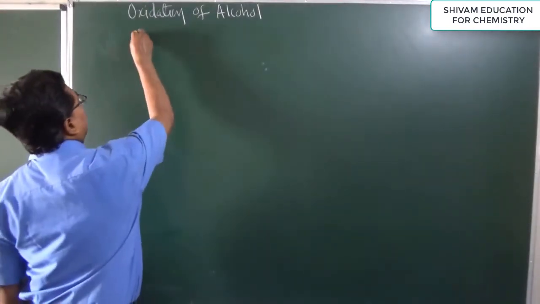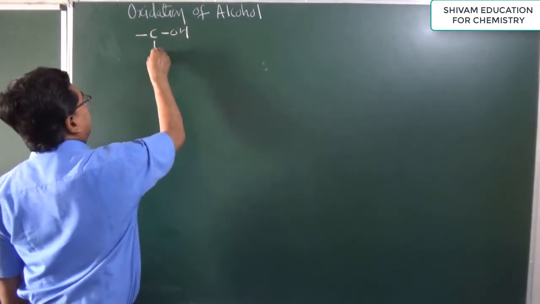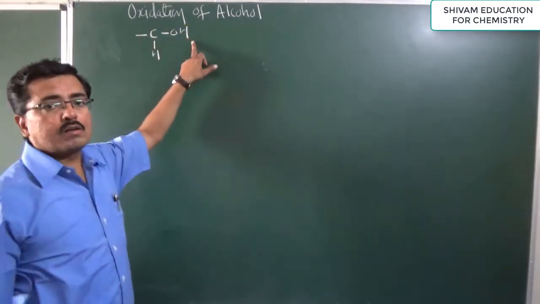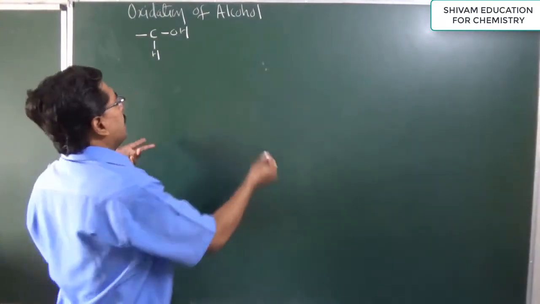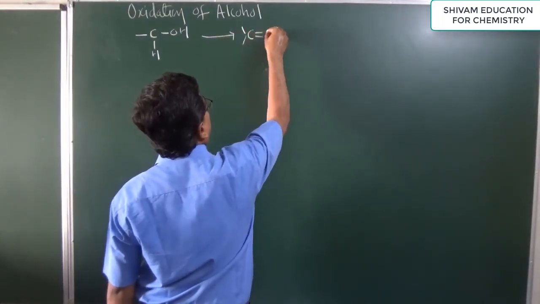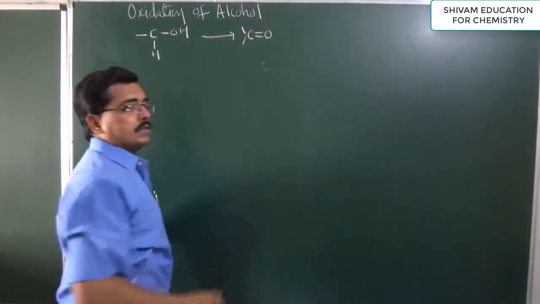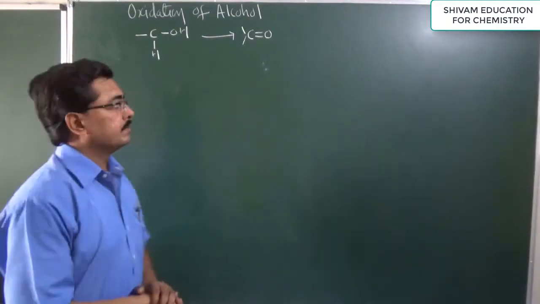It is observed that during this oxidation reaction of alcohol, a hydrogen atom is removed from oxygen and a hydrogen atom is removed from carbon. After the oxidation reaction, we get a carbon-oxygen double bond, so a compound containing a carbon-oxygen double bond is obtained.